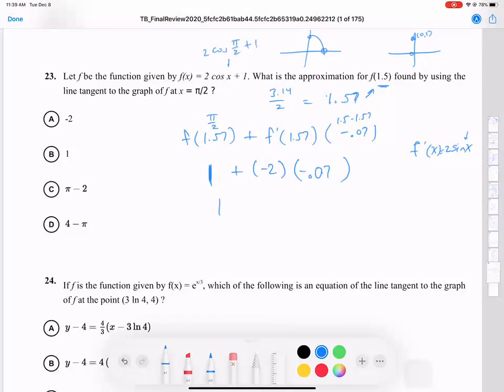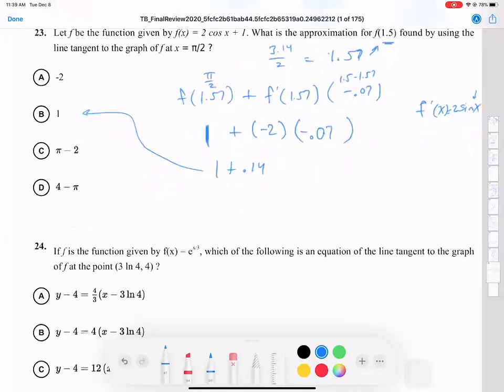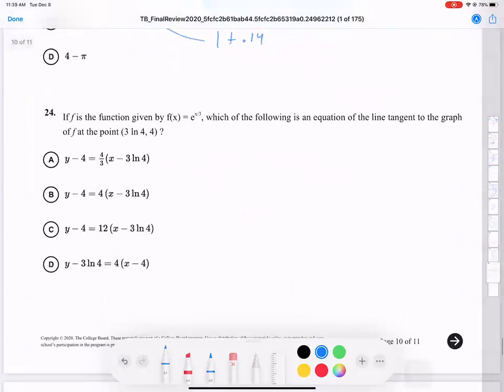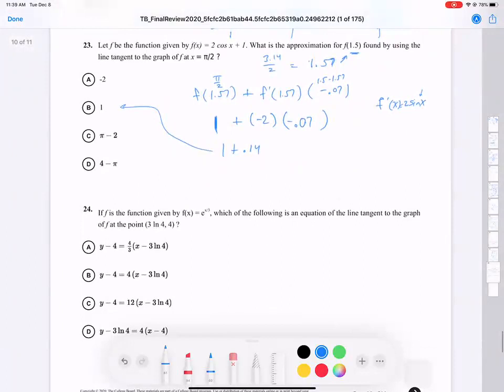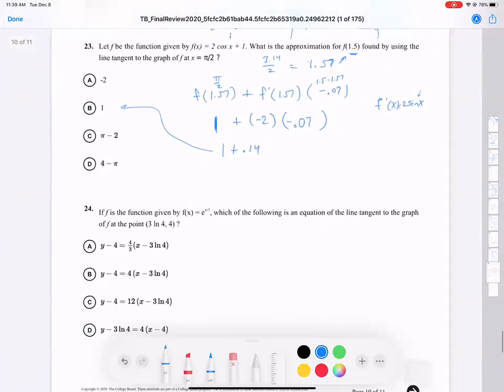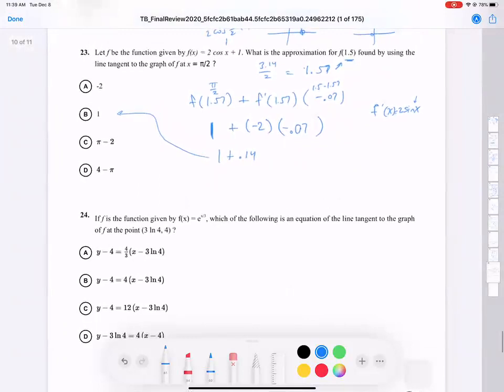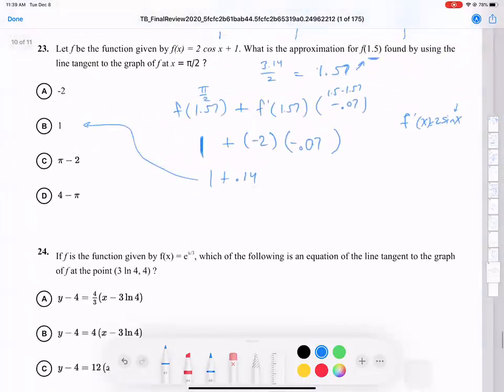So 1 plus 0.14. So I guess we're about 1. Okay. Cosine.